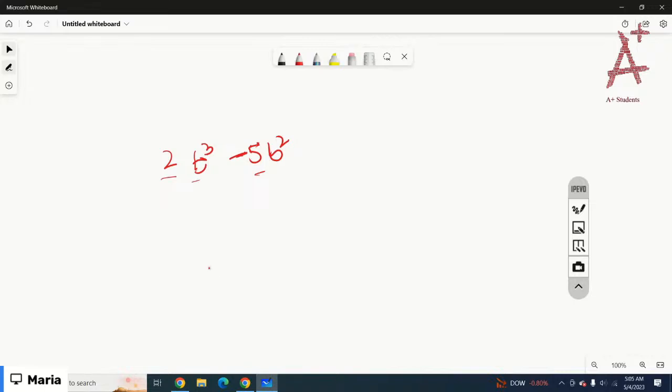Here you have b cube and here you have b square. As I told you earlier, you can take common the smaller power. You have b square outside, you're left with just b here. And here you have b square outside, you're left with just 5. So it would be b square times 2b minus 5. Got it?